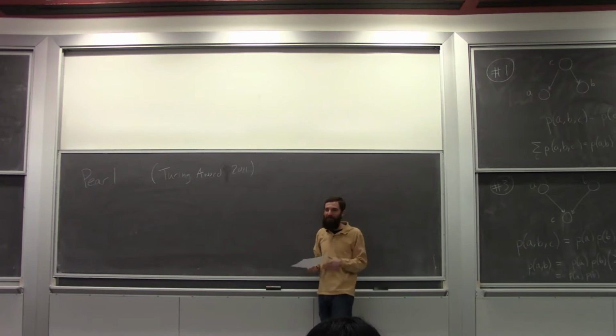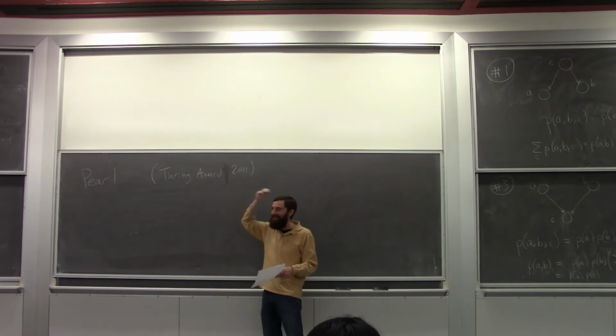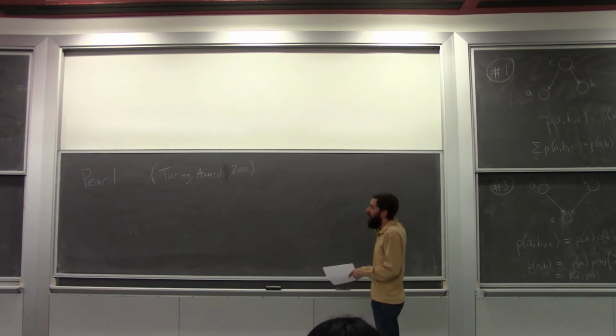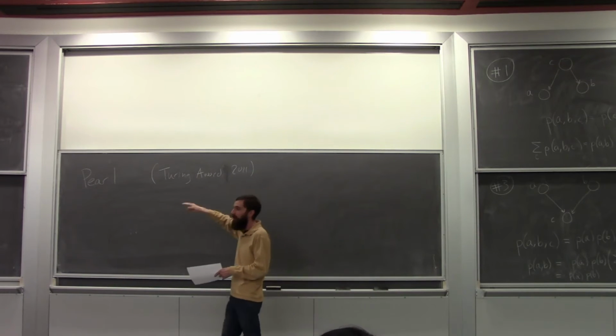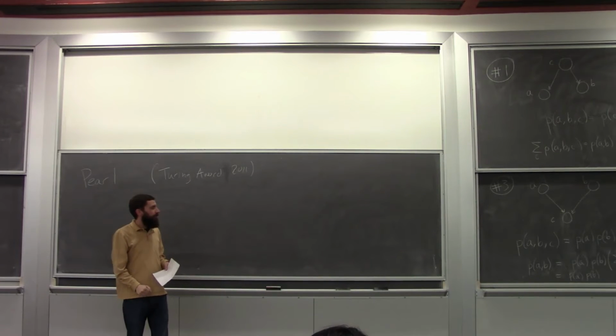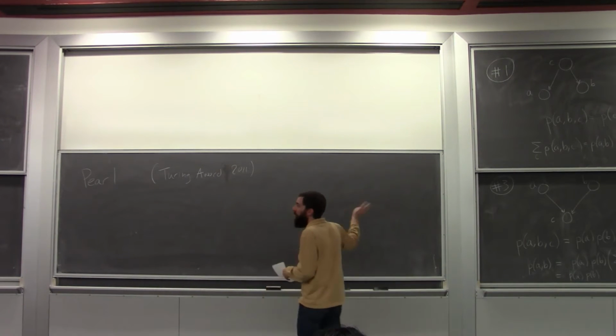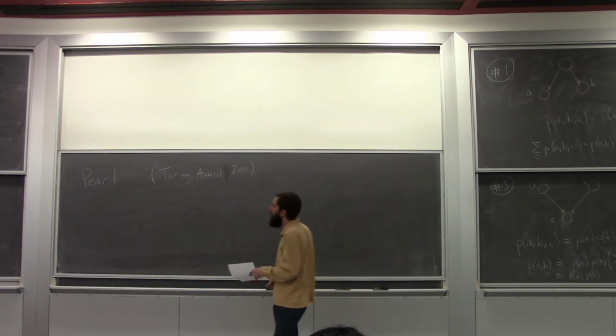For those of you that aren't computer scientists and don't know, the Turing Award is like the Nobel Prize for computer scientists. So he won the Turing Award for his invention of Bayesian networks, and he came up with a lot of these conditional independence properties.